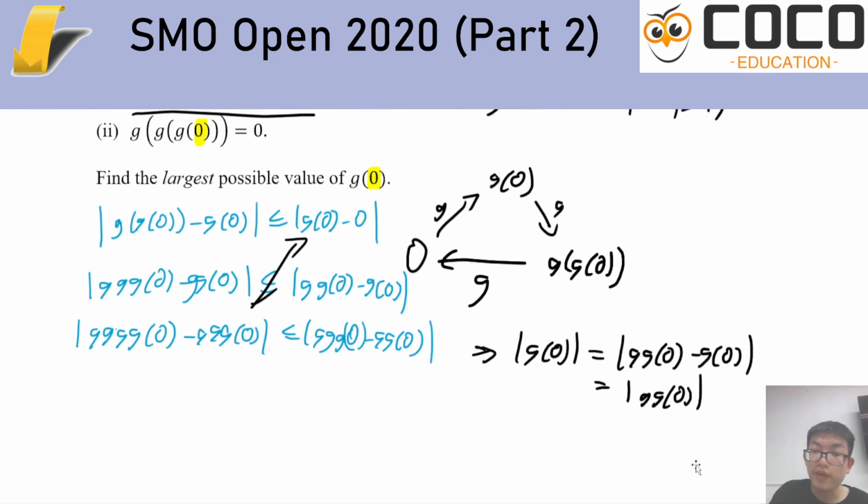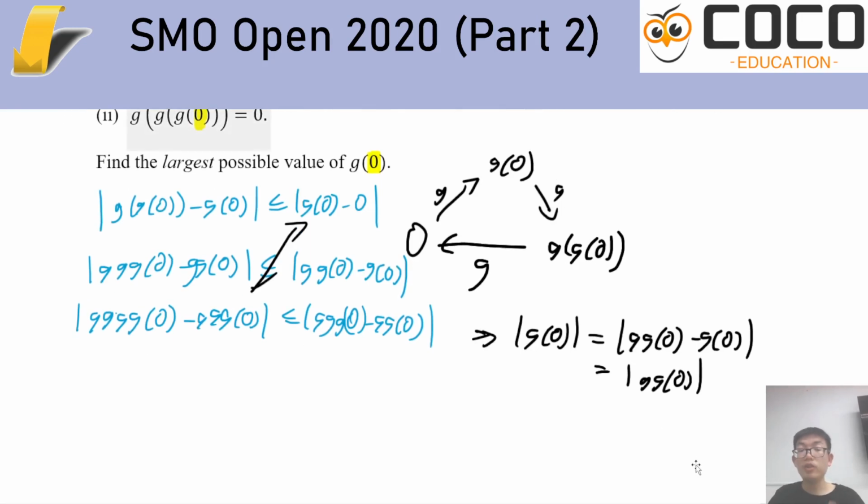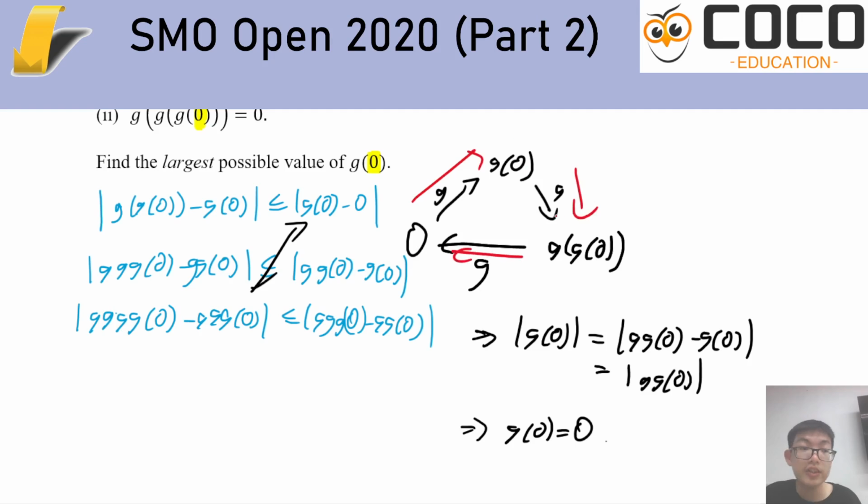And it should be abundantly clear that if there are two numbers whose difference is equal to their magnitudes, the only way this can happen is that they're all 0. Another way of thinking about it is that if you go from here to here to here and all of them have the same difference, the only way you can take 3 steps and end up where you started is that your steps are of size 0.